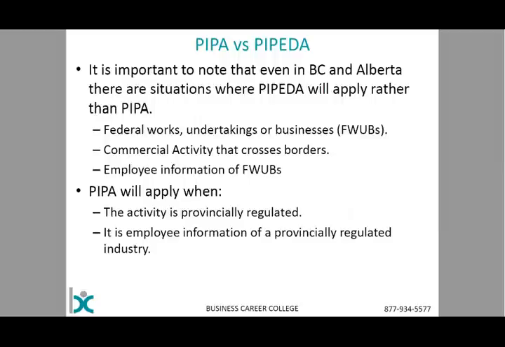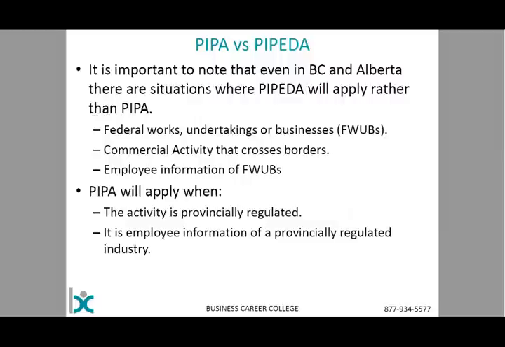Now, there are a lot of examples of federal works, undertakings, or businesses, but the key thing to keep in mind is these are generally the types of businesses that are federally regulated. So when we were talking about PIPEDA, we were talking a little bit about federal regulations. And later in this course, we'll talk about industry-specific regulations, where this will apply as well.